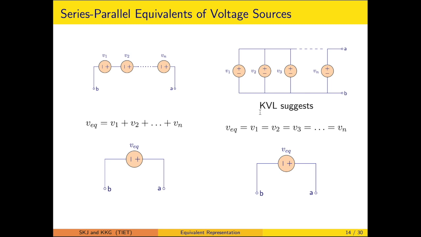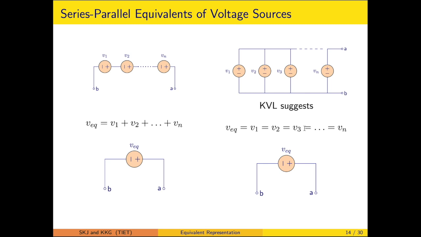Now when they are connected in parallel, one overriding consideration is that the voltages have to be equal. When you say the voltages are to be equal, their magnitude has to be equal, and the polarity has to be equal. So this is the restriction imposed by the KVL.